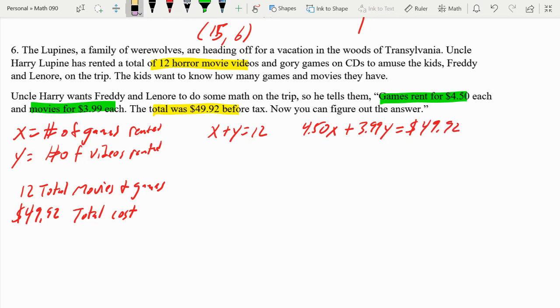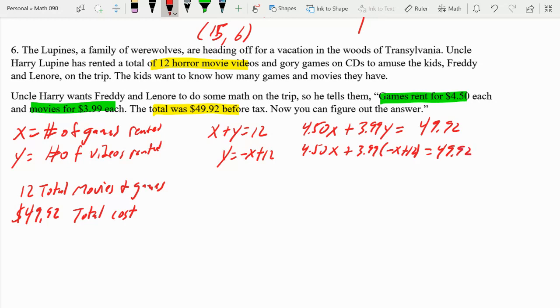Oh crap! All right, again, just like every single time, $4.50x plus $3.99 times negative x plus 12 is equal to $49.92.